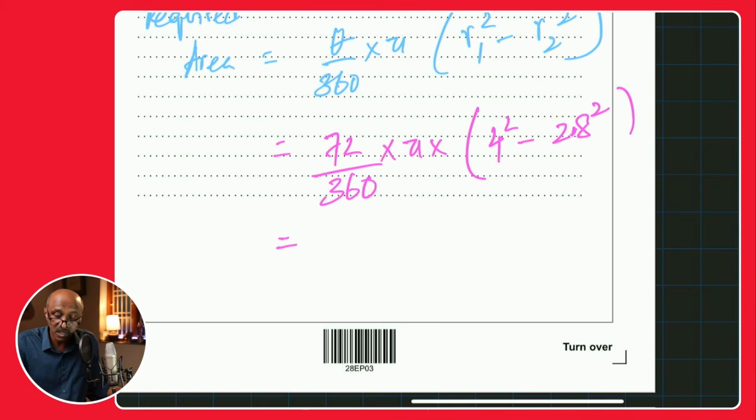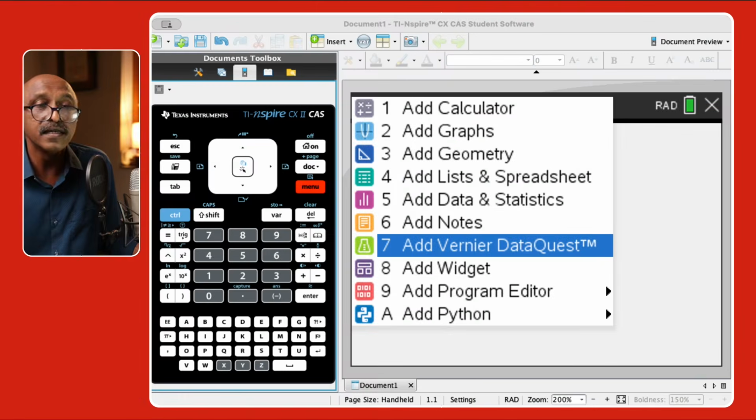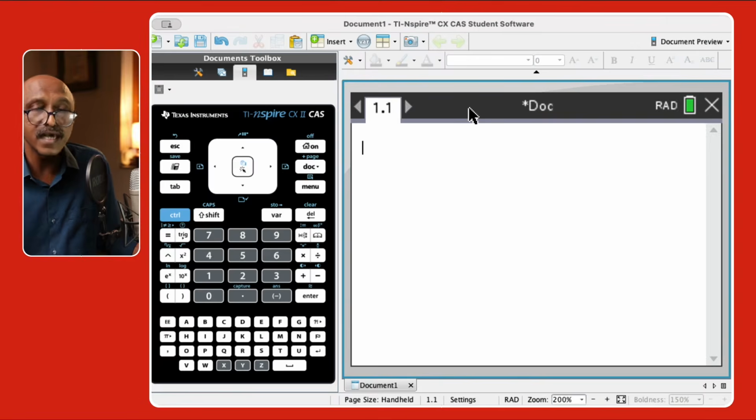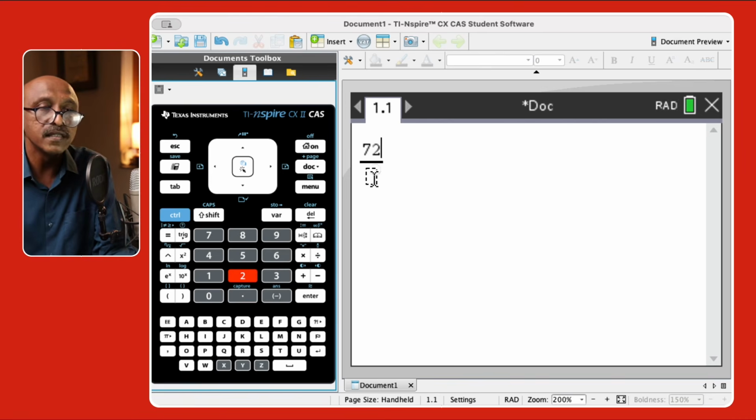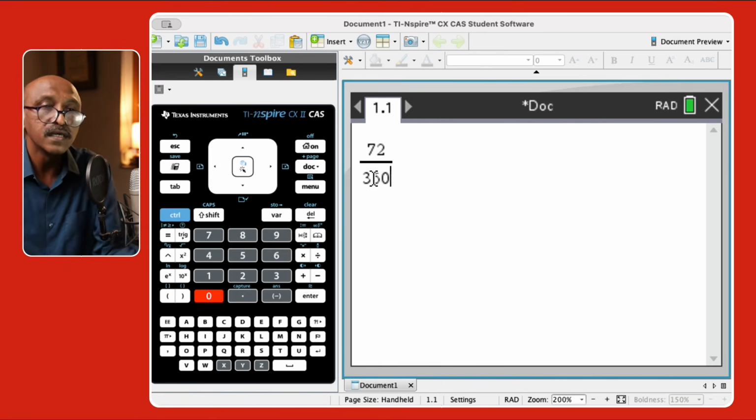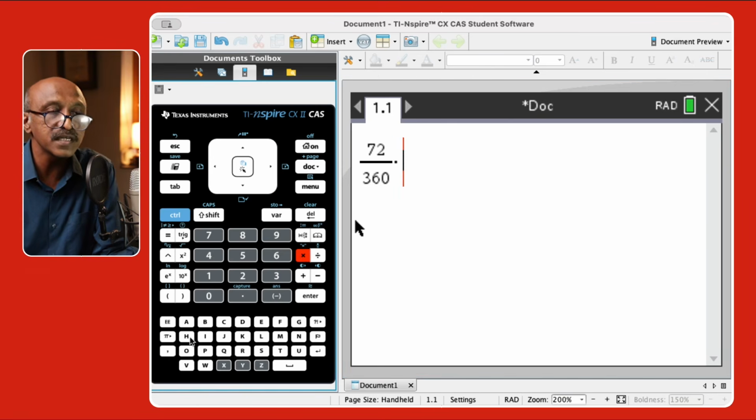So now let's switch to the calculator screen, and just as we entered the expression, I'm going to enter it the same way. I'm going to pull out the syntax for the division sign, and here I'm going to type in 72, and there you go, 360, and arrow out, give me a multiplication sign. Here's the pi key.